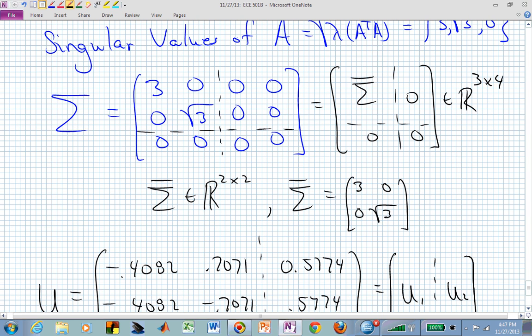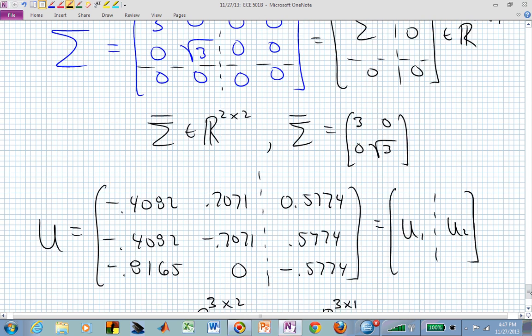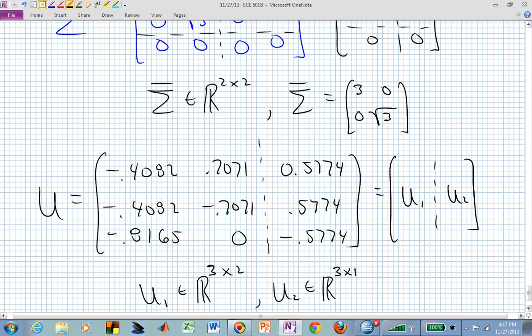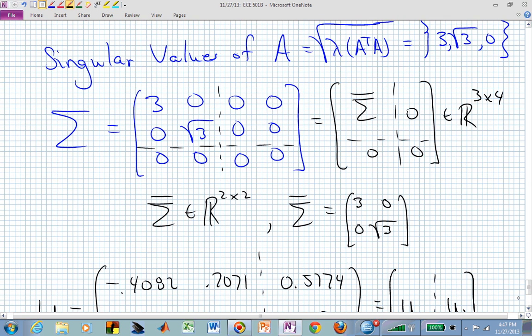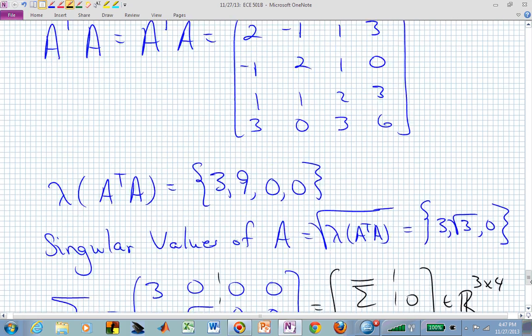If I keep doing that, I should see that this last column of 0.58 is going to be scaled by that 0 row in the sigma matrix. Now, how many non-zero singular values do I have for this map A?